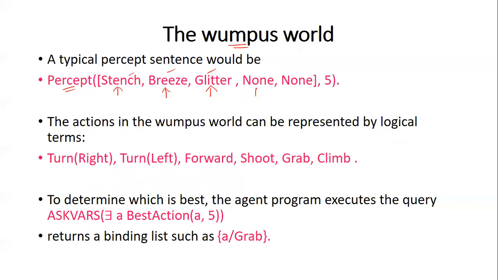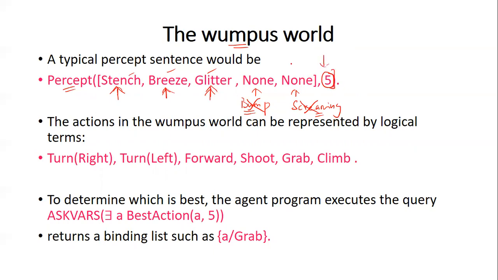Apart from that, it can also sense bump if it hits the wall, and it can sense the screaming sound of the wumpus if the wumpus gets killed. But currently it is not sensing bump and it is not sensing scream. But it has sensed these 3 things. In a particular room, the agent has sensed stench, breeze, and glitter. At time 5, this 5 represents a timestamp, at what time it has sensed this.